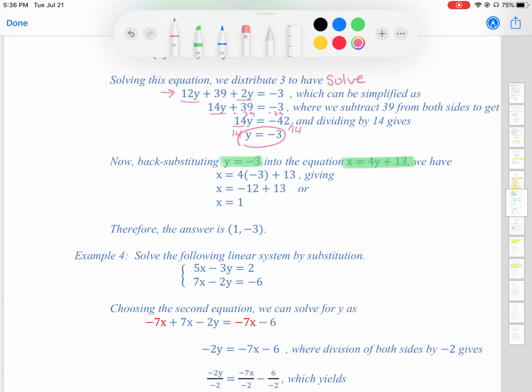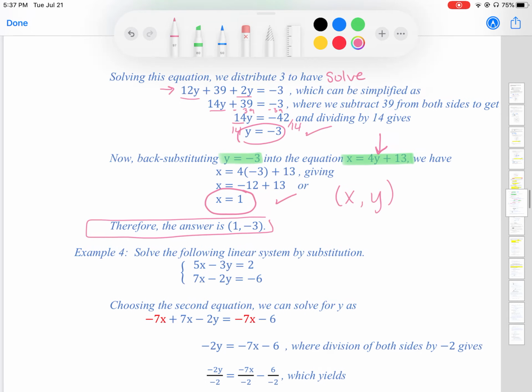Let's go ahead and plug a negative 3 in for y. We clean up our work and we get x equals 1. So our two answers are x equals 1 and y equals negative 3. Remember, our answers are always given as a point, so x comma y. So the answer is 1 and negative 3.